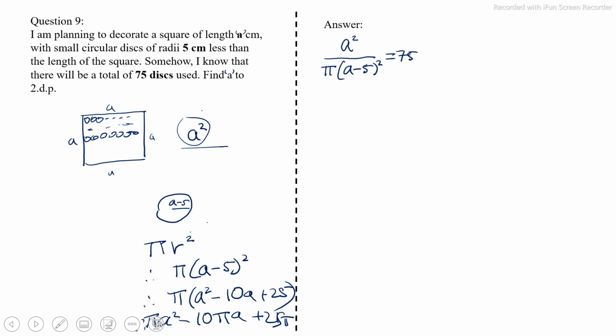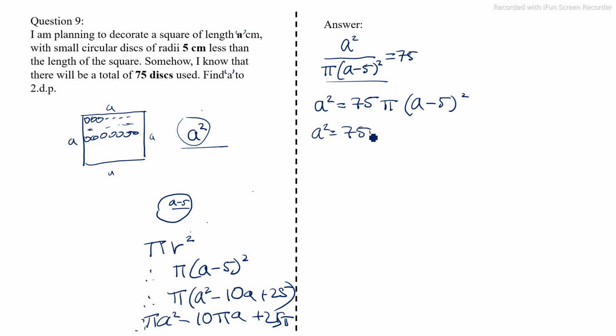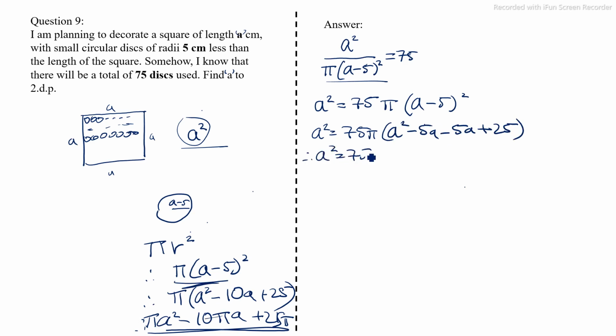Okay, so we can just solve it. So a squared equals 75 times pi times (a minus 5) squared. If you multiply both sides by this, you get that. So a squared equals 75 pi times whatever this evaluates to, and (a minus 5) squared is a squared minus 5a minus 5a plus 25. Therefore, a squared equals 75 pi times (a squared minus 10a plus 25).